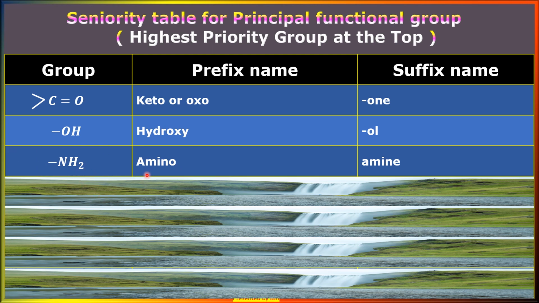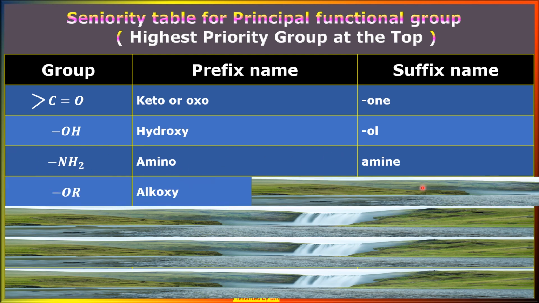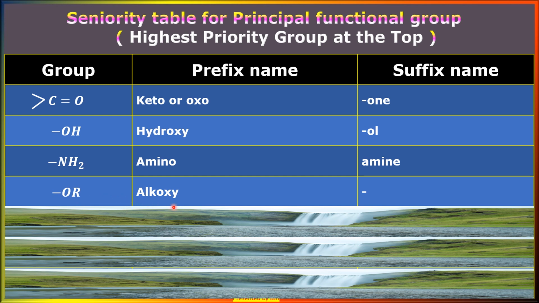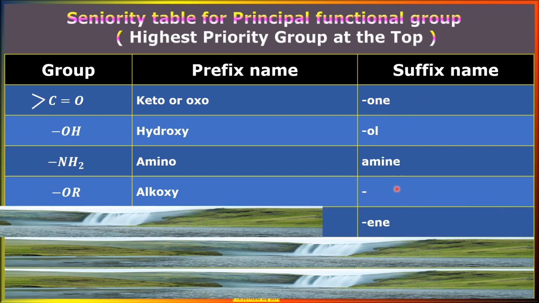Next, NH2, amino, amine. OR, alkoxy. There is no suffix name for this OR group because alkoxy groups are always used as substituents only. For that reason, they do not have suffix names.